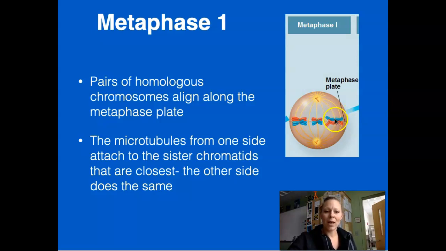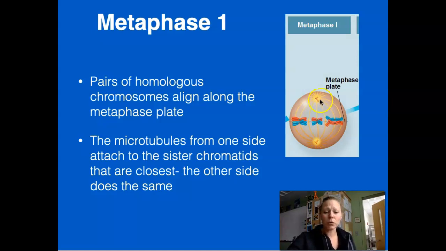This is when independent assortment happens. One from dad is going to be on one side, and the other from mom may be on that same side, and it's going to be all different. It doesn't matter which way one set of chromosomes lines up, because they all assort independently.